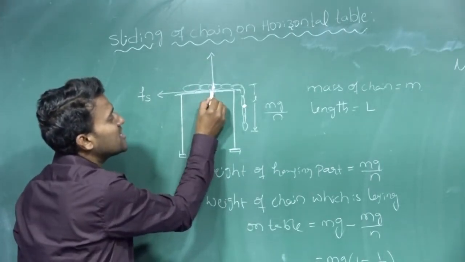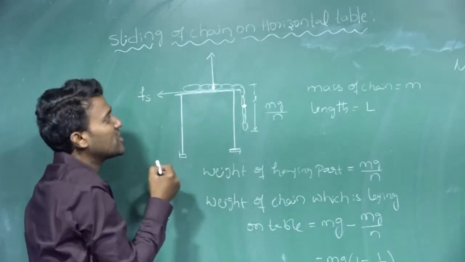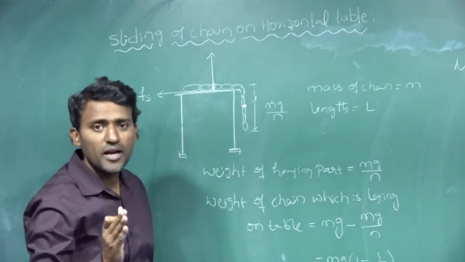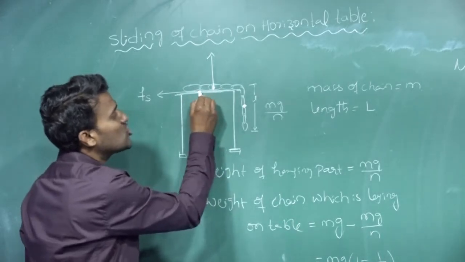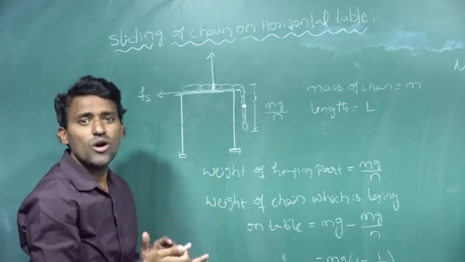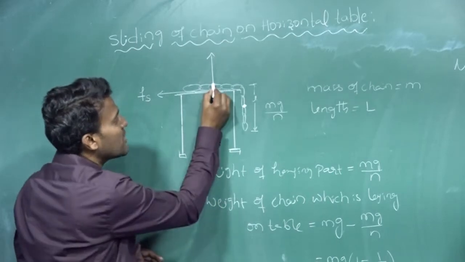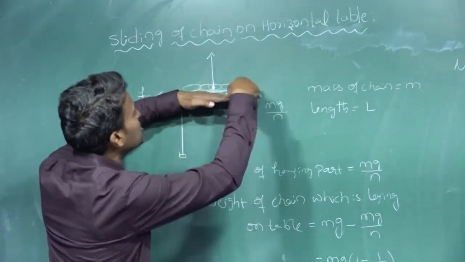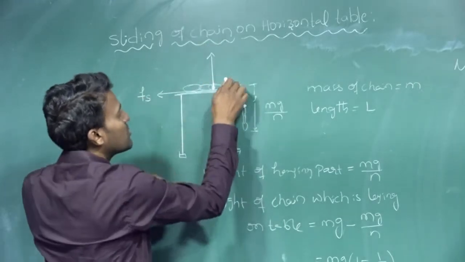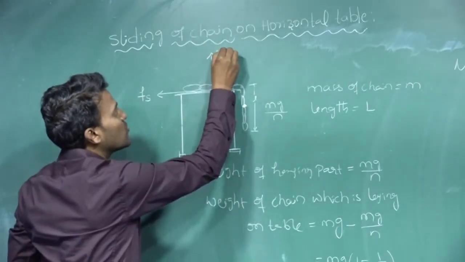The plane of contact is where the two objects are in contact. Now this plane of contact and this force are perpendicular. Here this is the plane of contact direction and this is the force direction. Both are perpendicular. So this is the normal force.